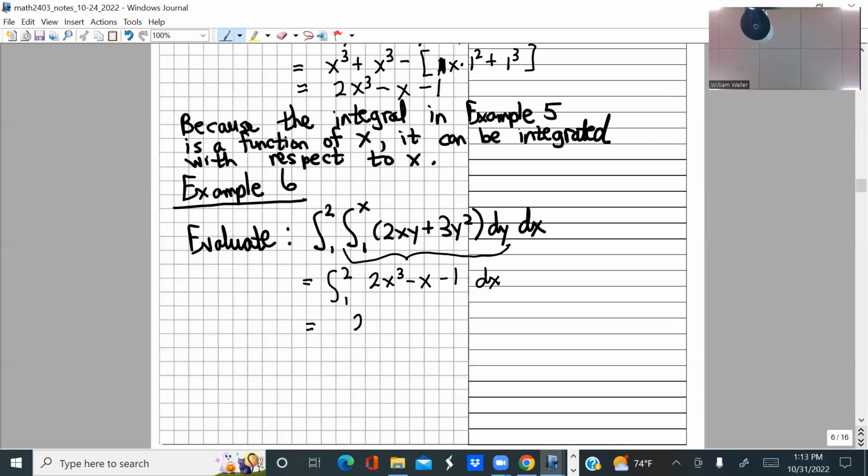2x to the fourth over 4, right? Minus x squared over 2, is that right? Minus, be careful here, what? X, and our limits of integration are from now 1 to 2. So now we just have to plug in those values.